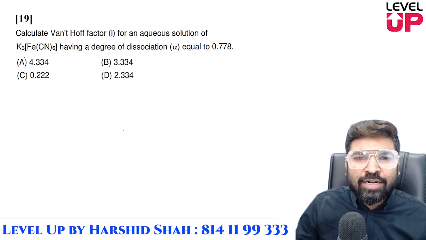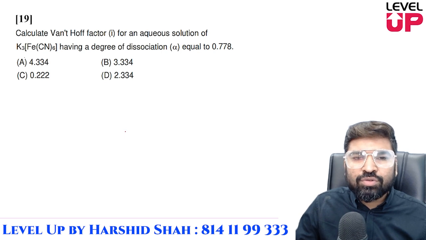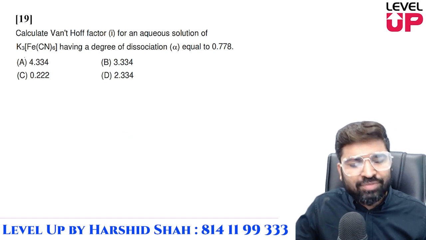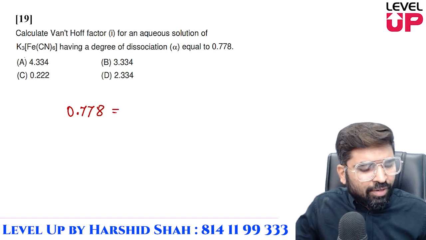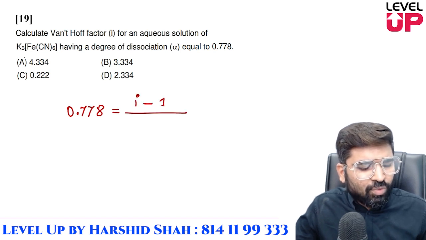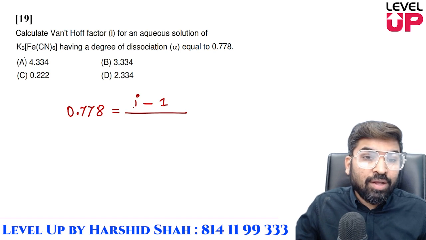Calculate the van't Hoff factor i for an aqueous solution of K3Fe(CN)6 having degree of dissociation alpha equal to 0.778. So alpha is 0.778 equal to (i minus 1) upon (n minus 1). How many particles are there?